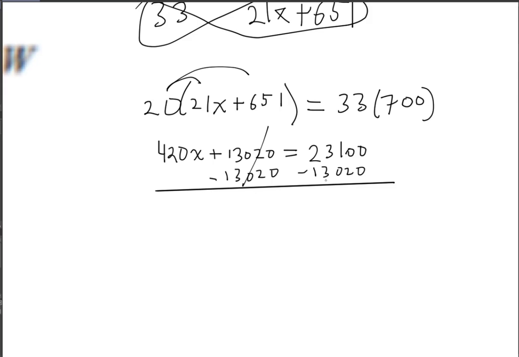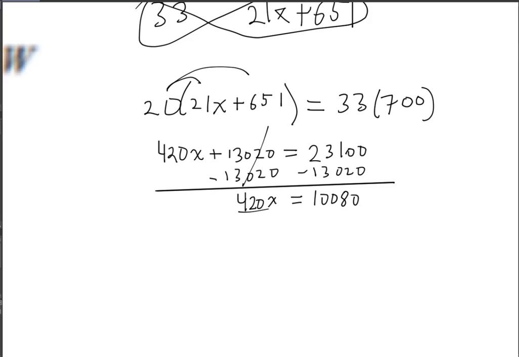And these cancel out. 23,100 minus 13,020 is equal to 10,080. So this ends up being 10,080 is equal to 420x, right?